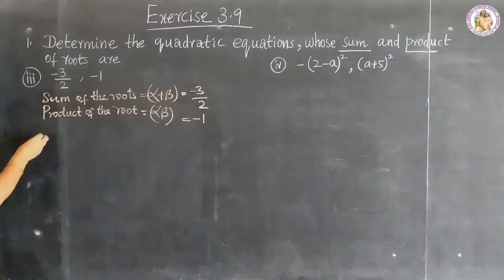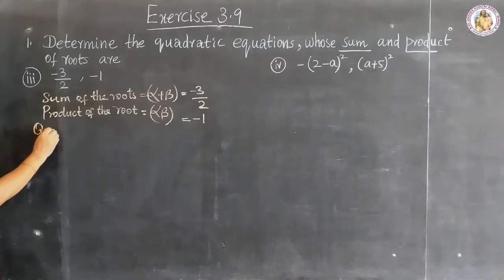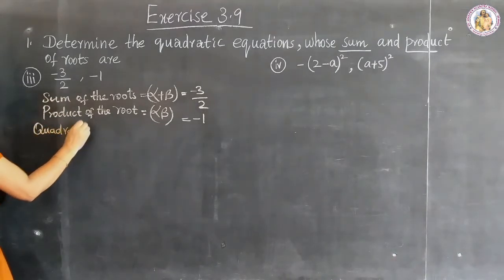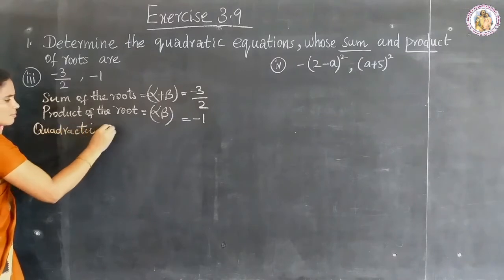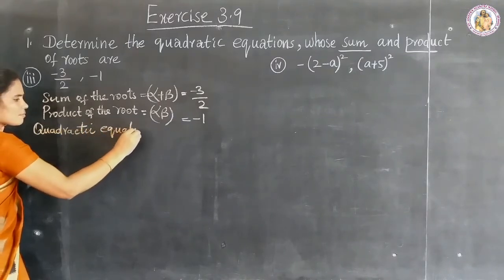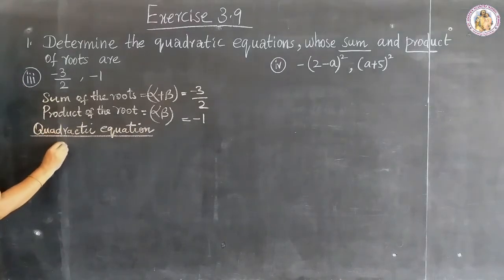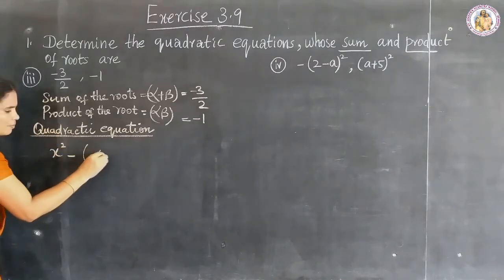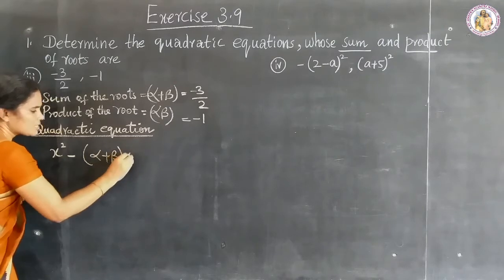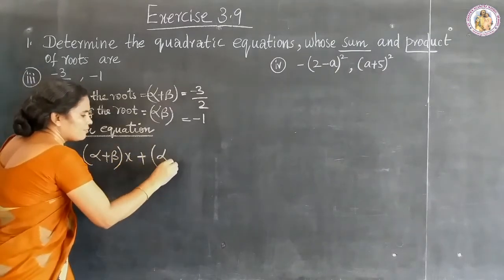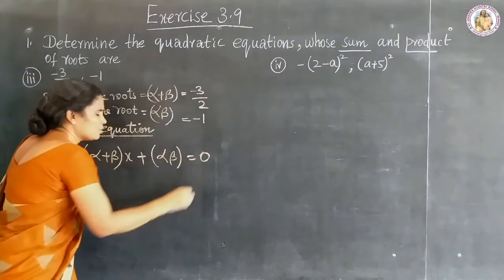So the quadratic equation is x square minus alpha plus beta x plus alpha into beta is equal to 0.